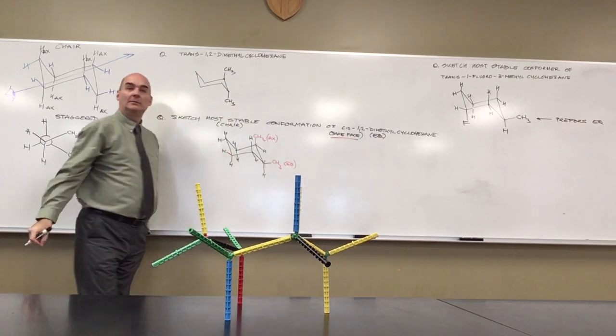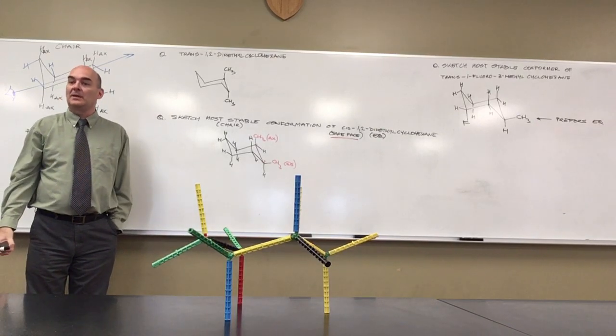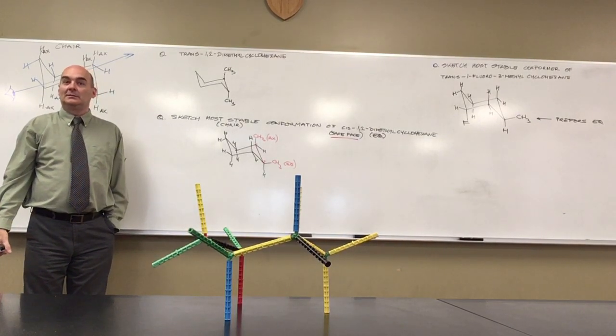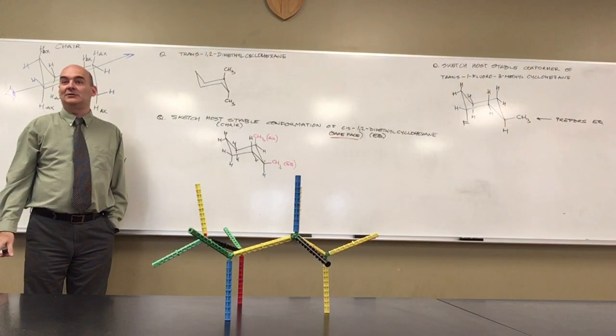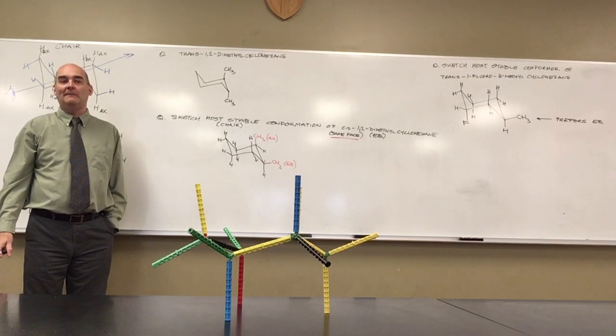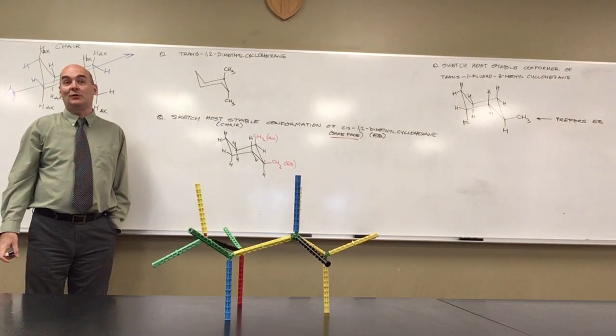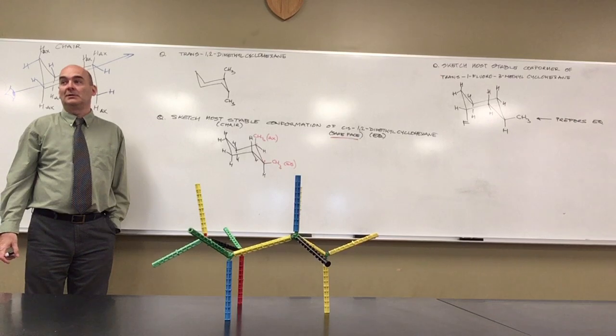There you go. The methyls are trans to one another. And then you fill in all the blanks and you turn that in as your homework. And hey, you get points for writing the chair. You get points for showing me that they're trans. But boy, is this the wrong answer.